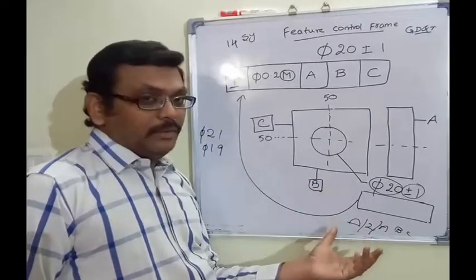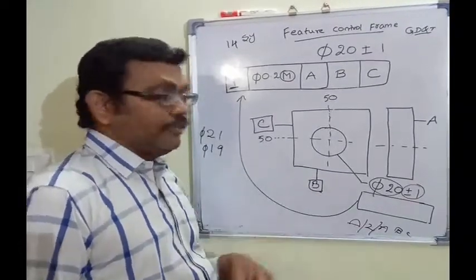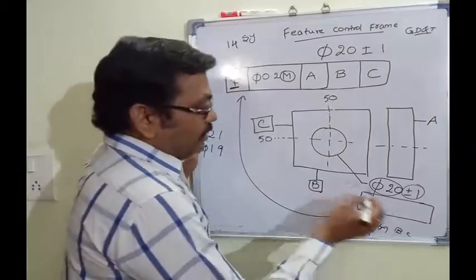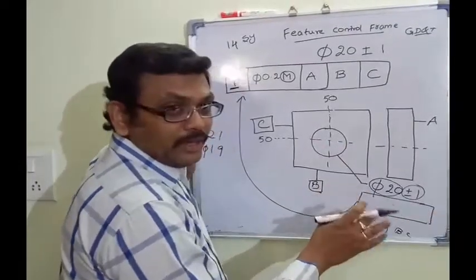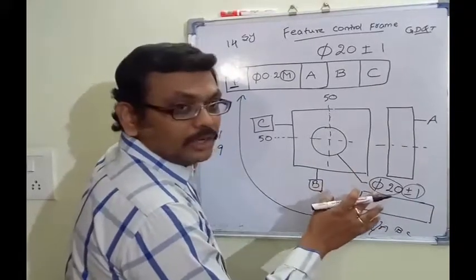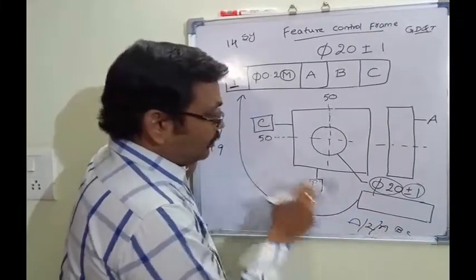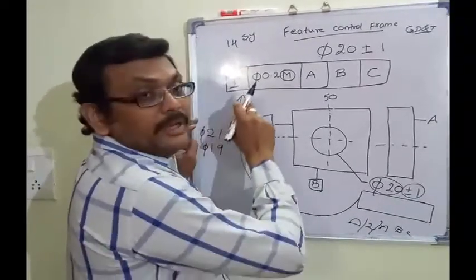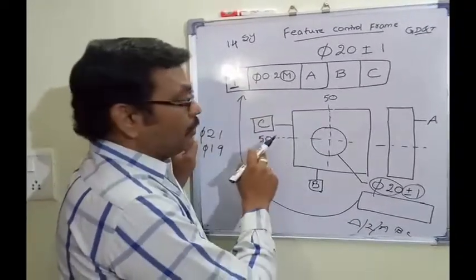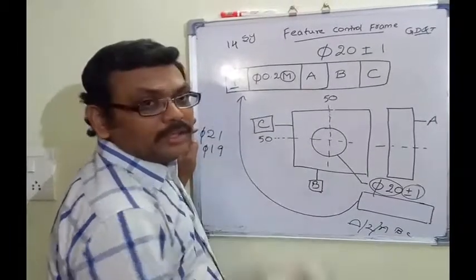That is one scenario, and this is a different one. In that case, this feature control frame is not there. Without a feature control frame, we can take tolerance from here. But by using a feature control frame, we have to provide tolerance.